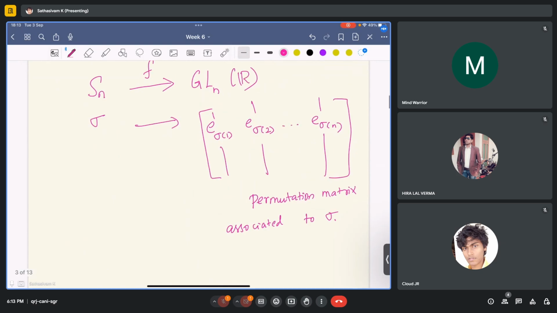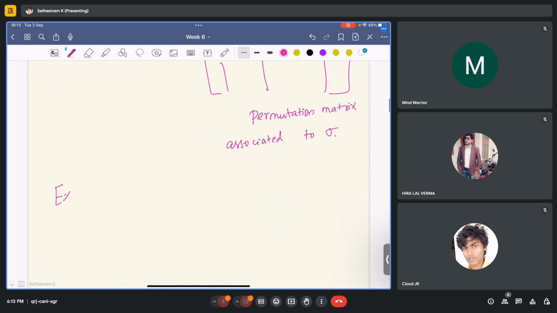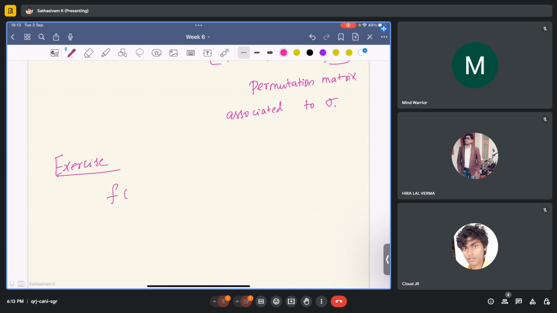Okay. So what you can prove, probably you keep it as an exercise. Let me call this map F. You can prove that F of sigma belongs to GLN of R. In fact, R here is not really important. You can put any field here, that doesn't matter.